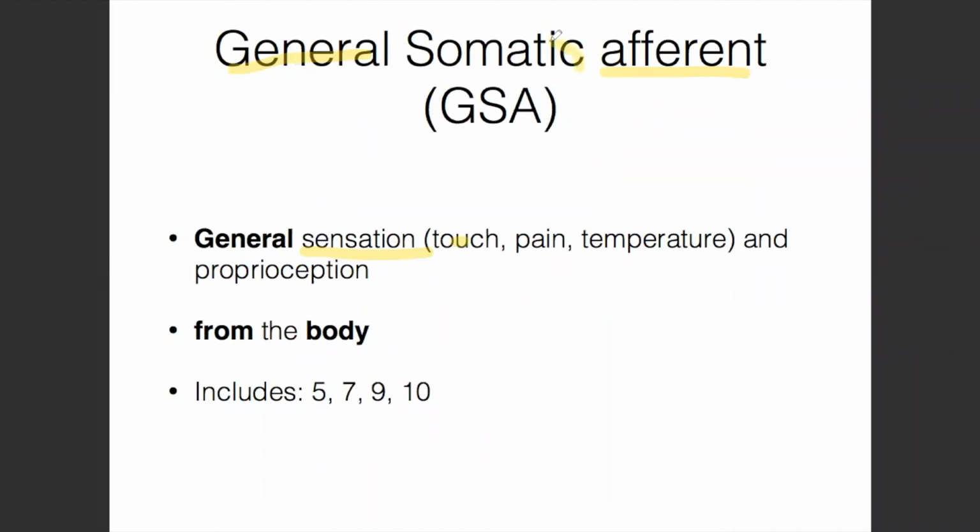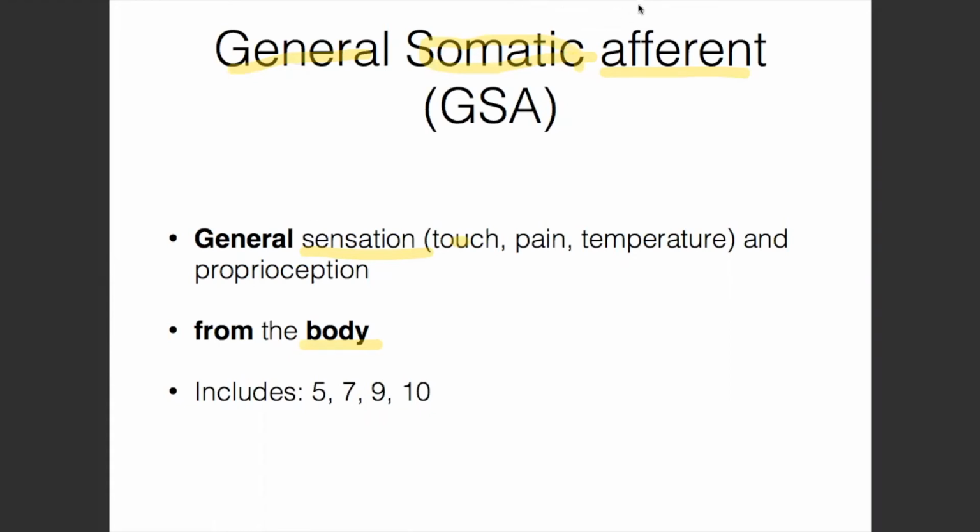And since it's somatic, it won't be from the intestines or the heart; it will be from the rest of the body. In other words, it's any nerve that carries general sensation from the body to the brain.